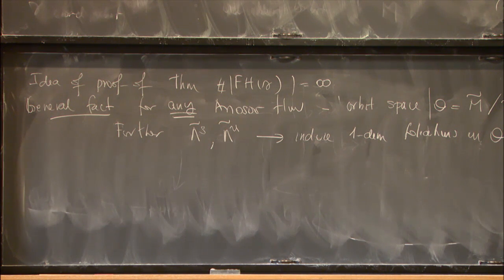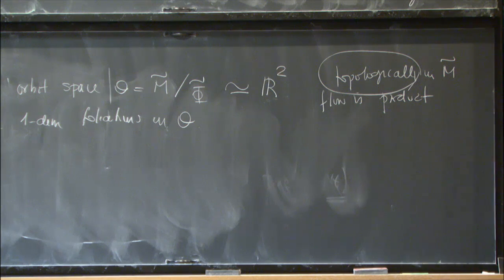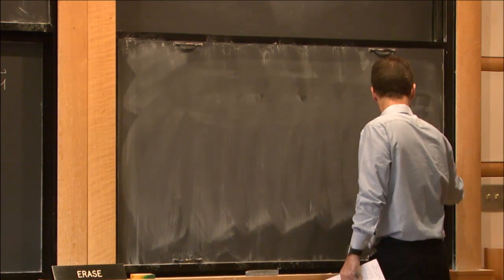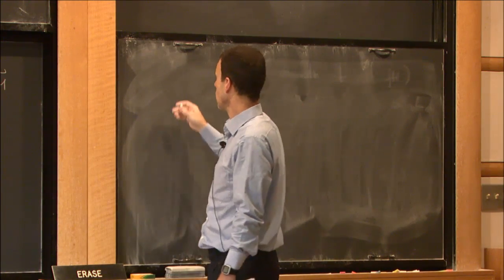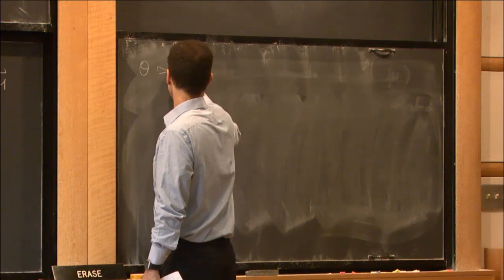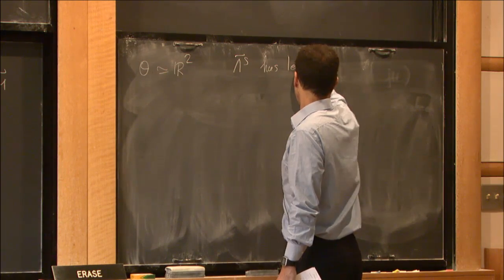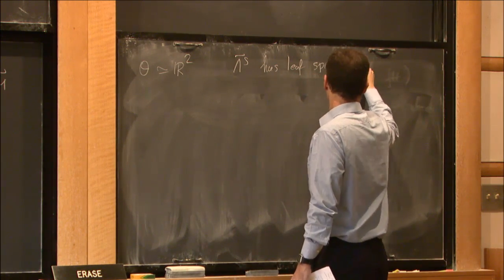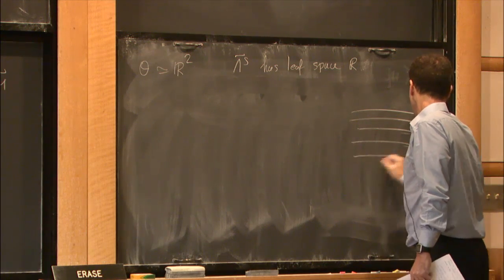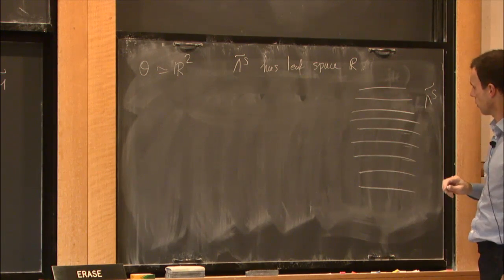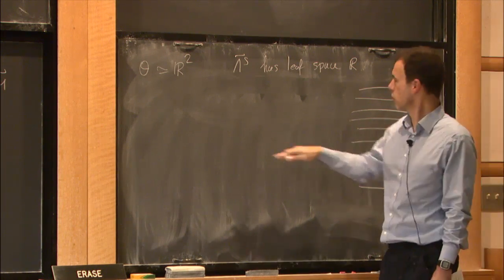You could actually do a lot of stuff in the universal cover itself. So I know that the orbit space is R2, and I know that this has leaf space the reals. So in this plane, you can think of the stable foliation as a foliation by horizontal lines in the orbit space.